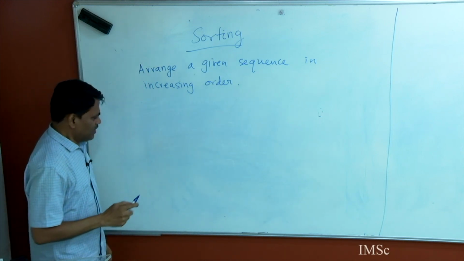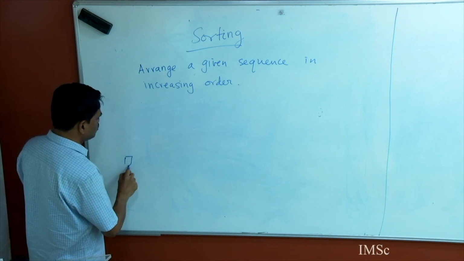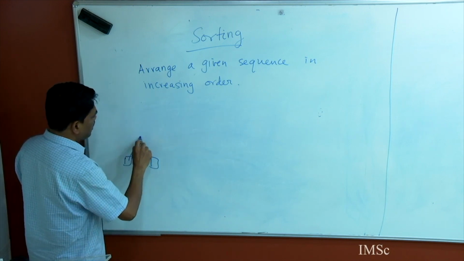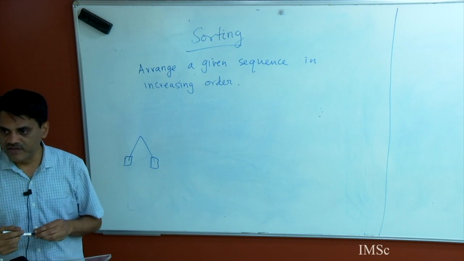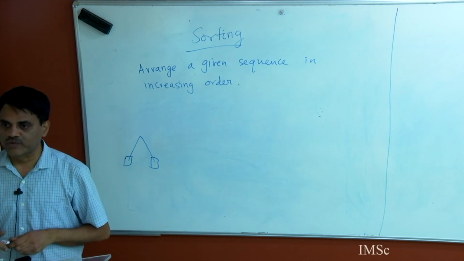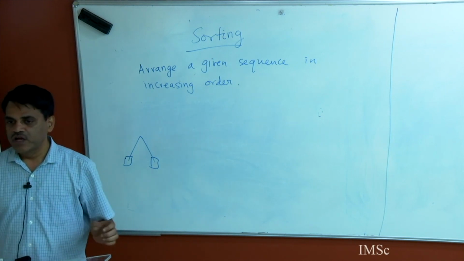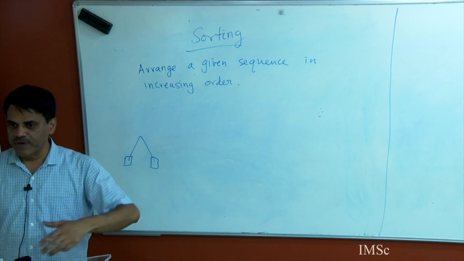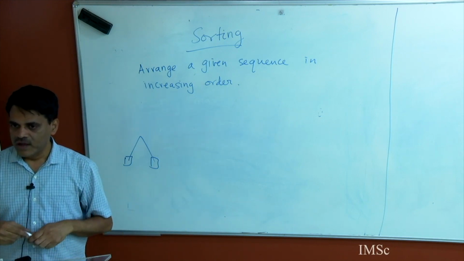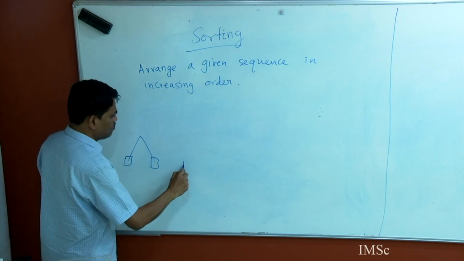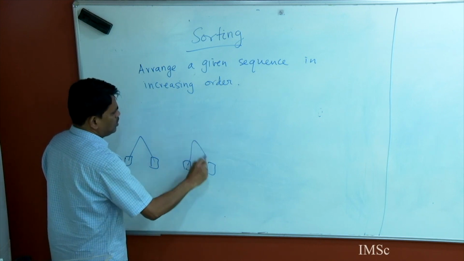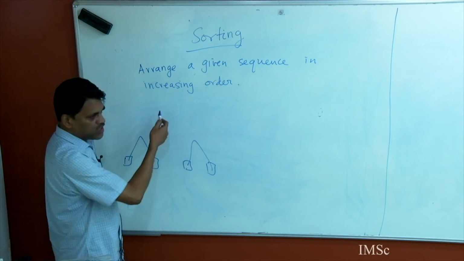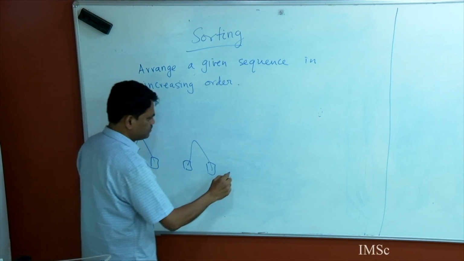So the algorithm is you take the first two numbers, compare them, right? This is how you will organize your knockout tournament. There are 16 players. You pair them up into 8, and so the winner moves to the next round. The loser is out.